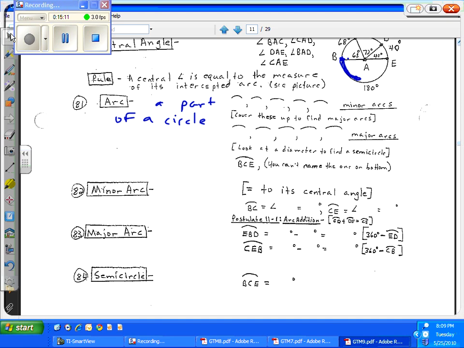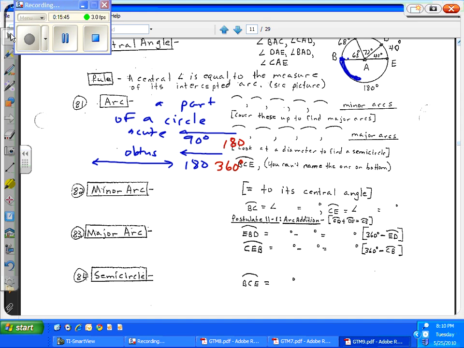This is kind of interesting. When we talk about angles, we were maximizing our angle at 180. And then we said, well, half of that is 90, and we're going to call that a right angle. In between these two, we use the word obtuse. And lower than this one, we use the word acute. Well, when we think about arcs, a circle's 360 degrees, so we would max out at 360.